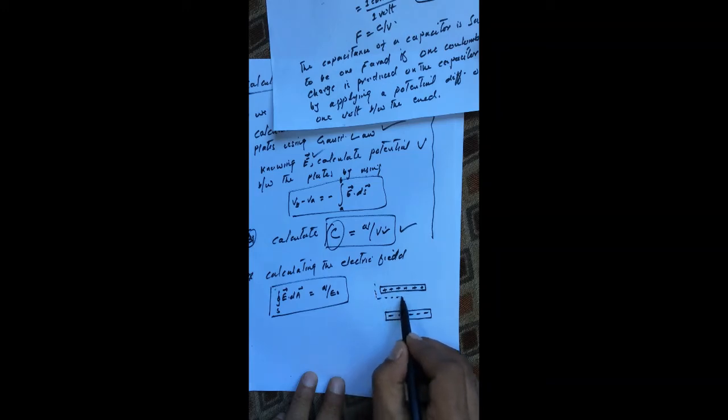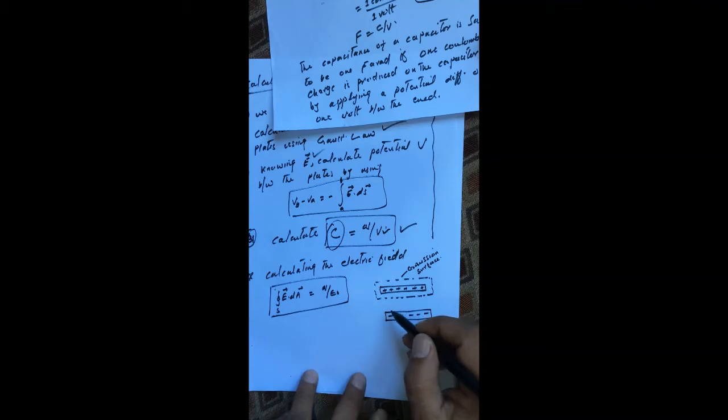This is the Gaussian surface. Now here the electric field direction is from positive to negative plate. So the electric field direction is this one.